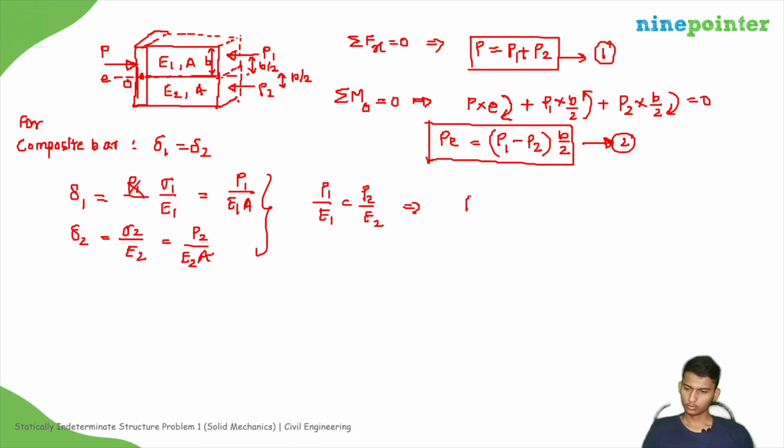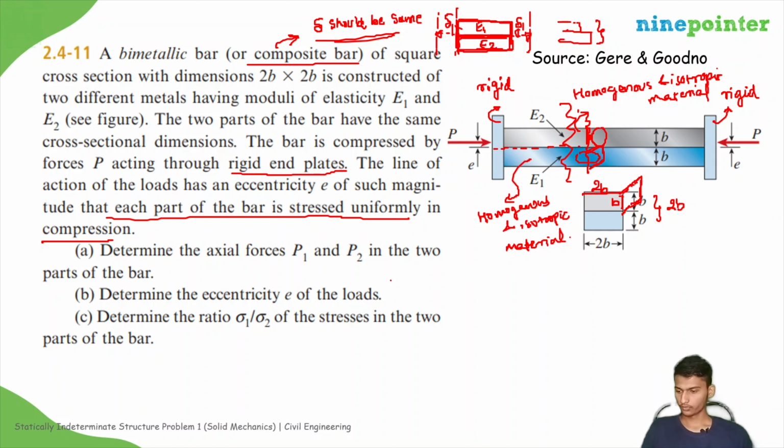We get P2 is equal to P1 E2 by E1. So this is one more equation, equation 3.